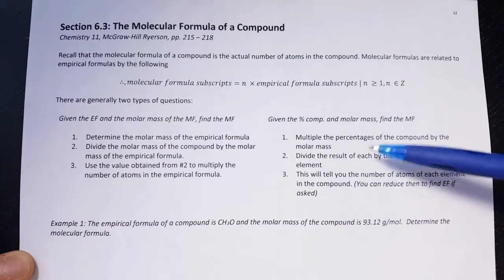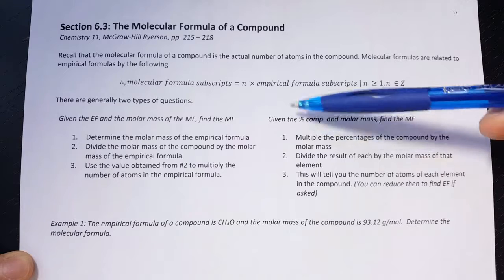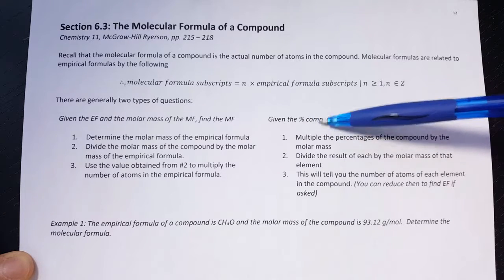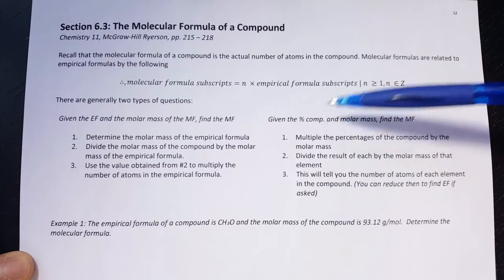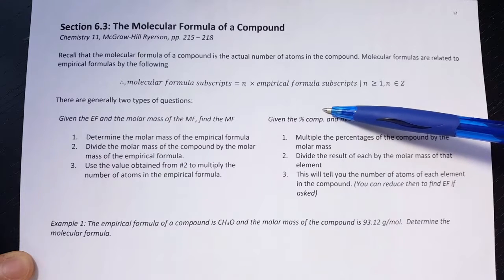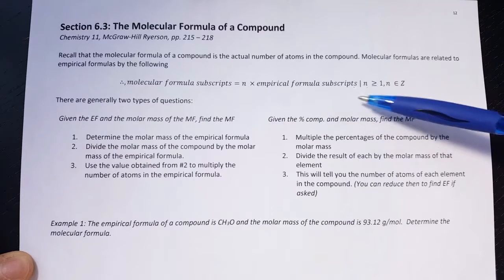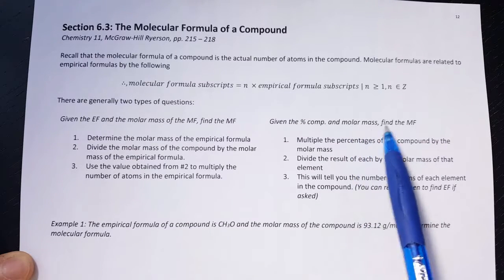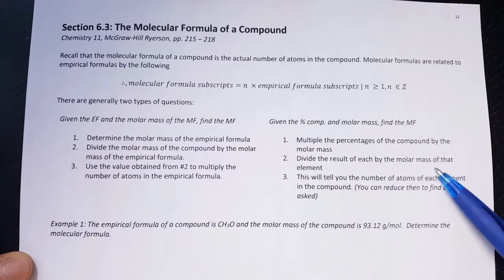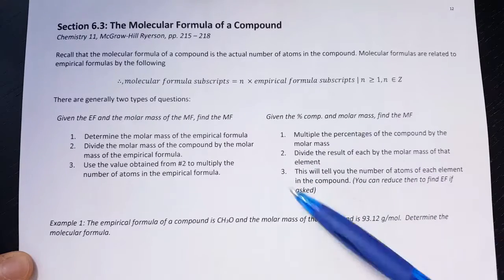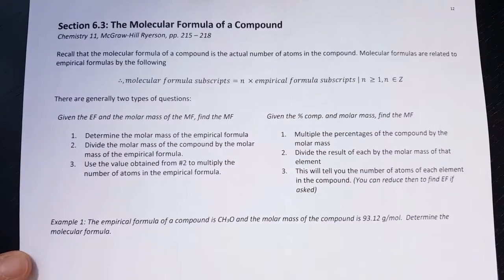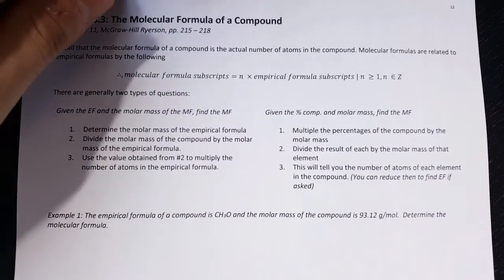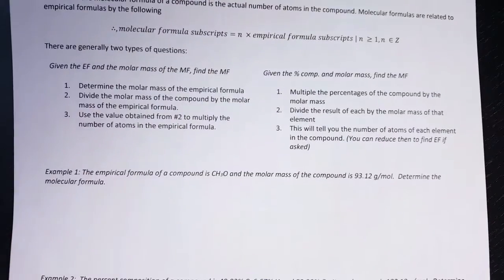The other type gives you the percent composition, so what percentage of the compound is this type of atom, and so on, and then the molar mass of the molecular formula, and you have to find the molecular formula. Again, instructions on how to do those are right there. So without any hesitation, we're going to jump right into it.